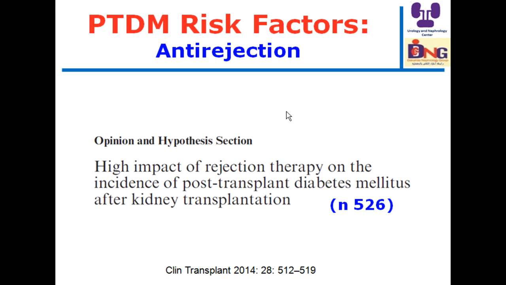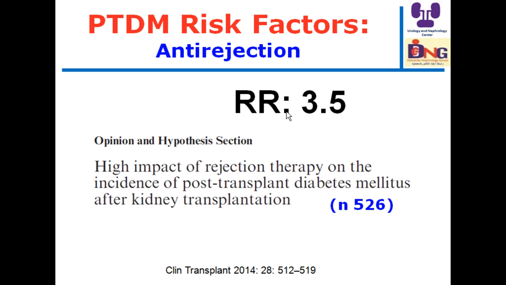So using antirejection therapy in this number of recipients, this is the total number of studied recipients, when rejection occurred, it was treated with steroid. So using high pulse steroid for treating rejection increases the relative risk of post-transplant diabetes by 3.5-fold.